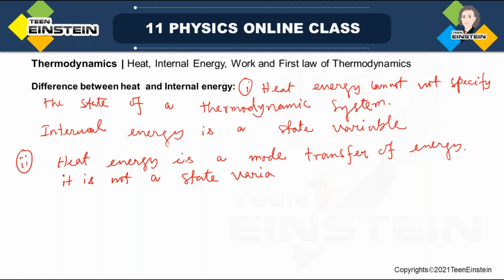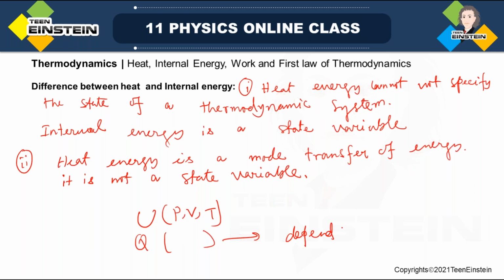I'll tell you one more thing. The internal energy, which is a state variable, is specified by P, V, T. But Q, the heat energy, is not a state variable. It depends on path, how you go from one state to another. It depends on path. Whereas internal energy does not depend on path.